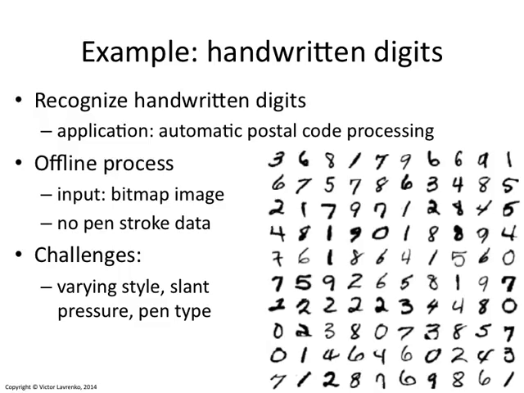And when you send a letter through the post, those digits, those postal codes, actually get processed automatically by a machine. So there's a machine that's going to look at the envelope and try to read off the postal code.